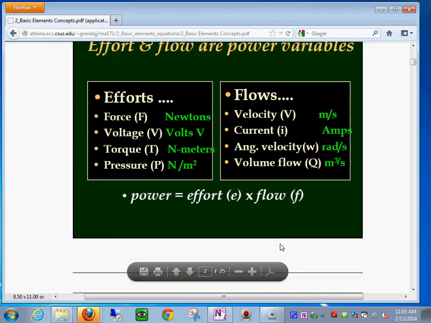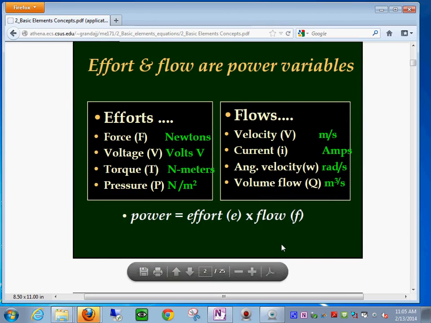Let's go up a little bit more. If we look at the specifics of this, the efforts we could classify them in a little table in there: force, voltage, torque, and pressure. The flows on the other side are velocity, current, angular velocity, and volume flow rate.